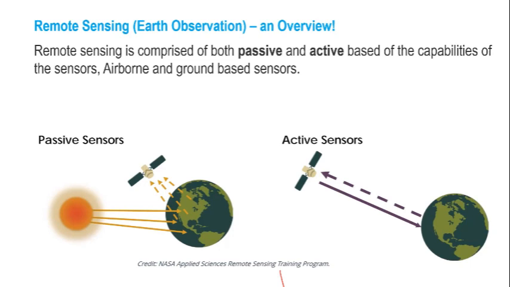For example, we have what we call optical remote sensing sensors. These are mainly satellites that use solar illumination to be able to record. For example, Landsat and MODIS are all passive sensors. And then on the active sensor side, we have LiDAR and radar systems that operate without relying on solar energy.